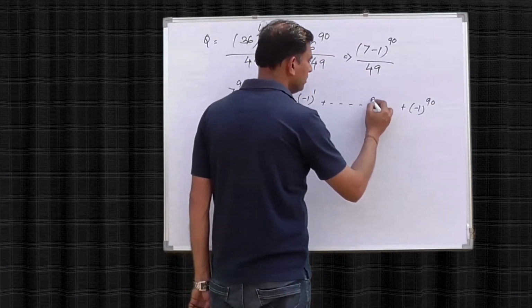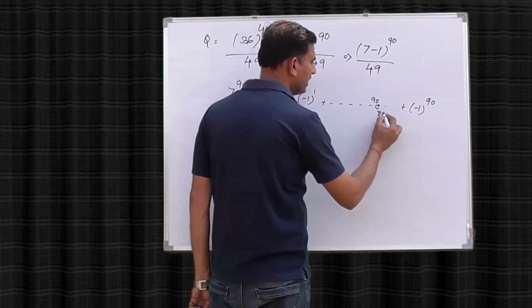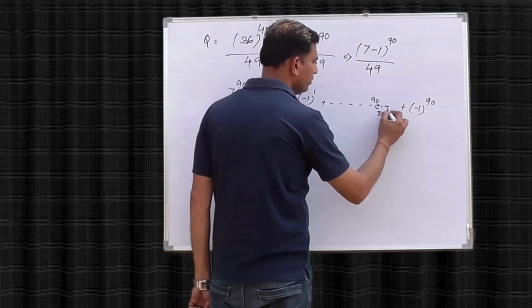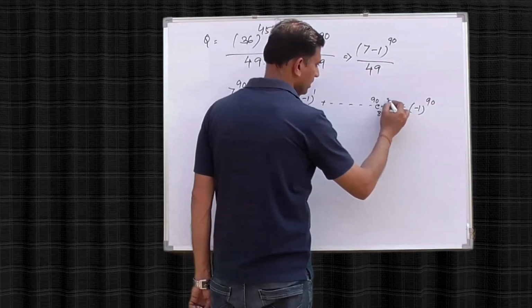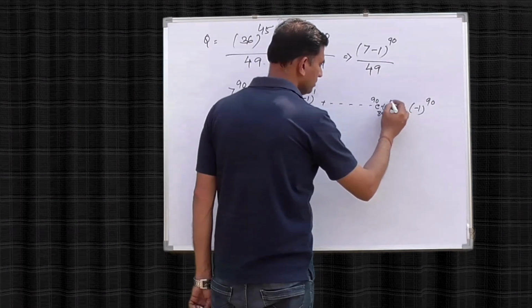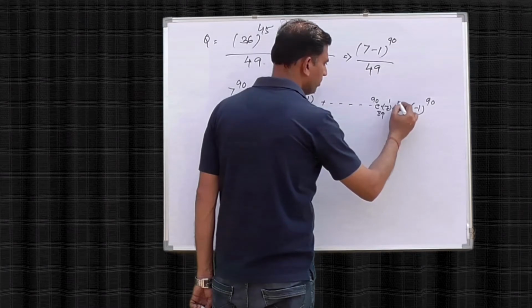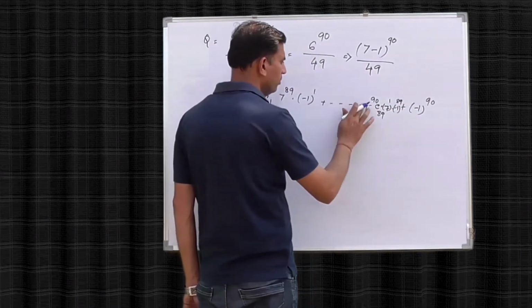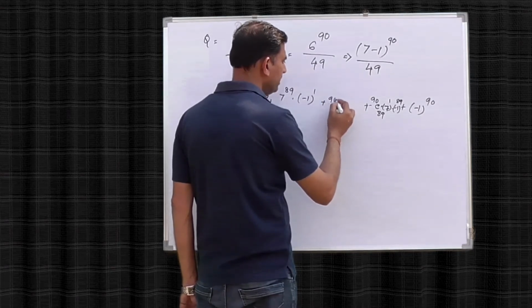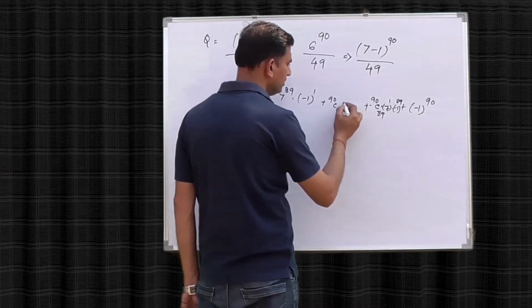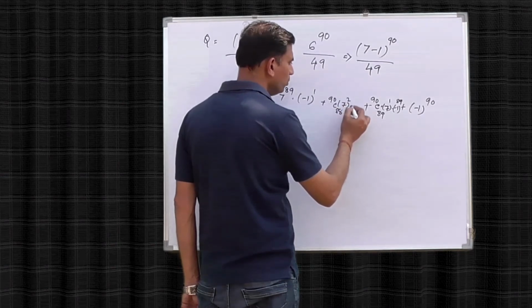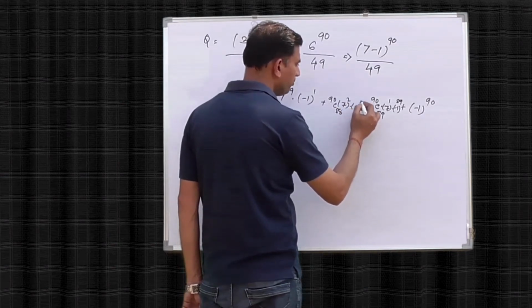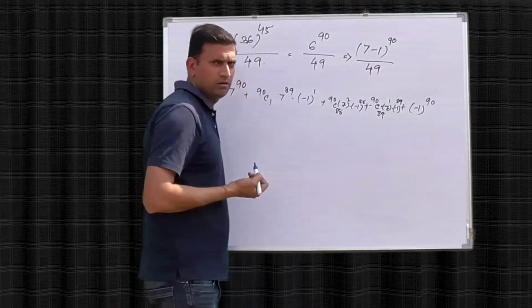Just before that, 90C89, 7 to the power 1 and minus 1 to the power 89. Before that, we are having 90C88, 7 to the power 2, minus 1 to the power 88, and so on.